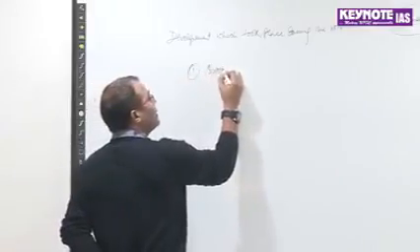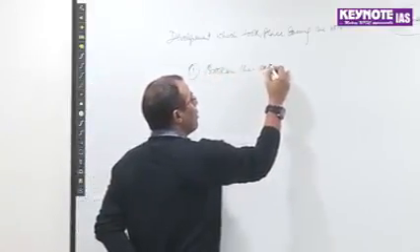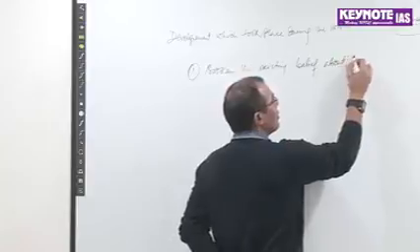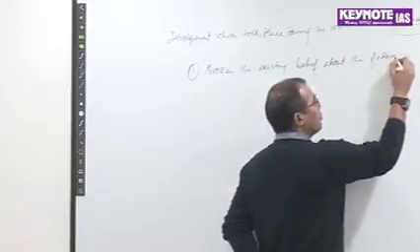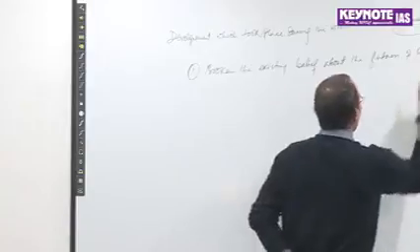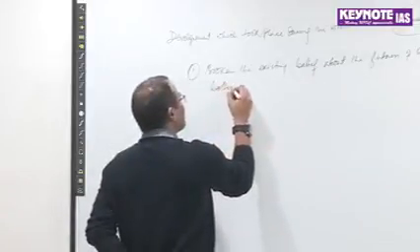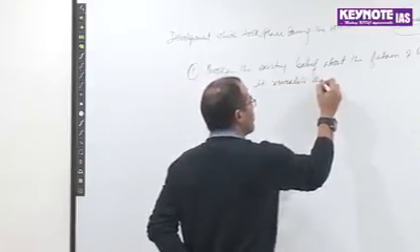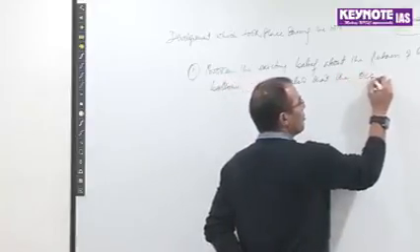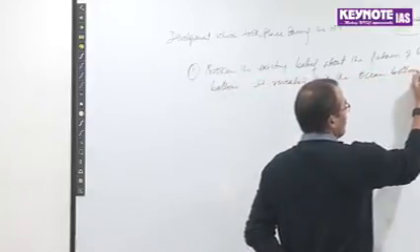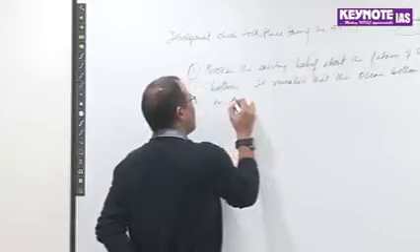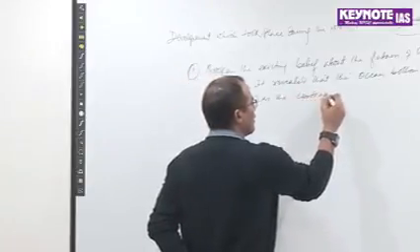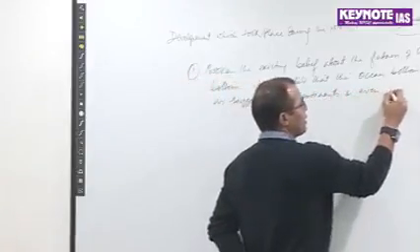The first one is the existing belief about the flatness of the ocean bottom. It revealed that the ocean bottom is as rugged as the continents, and even more than that.